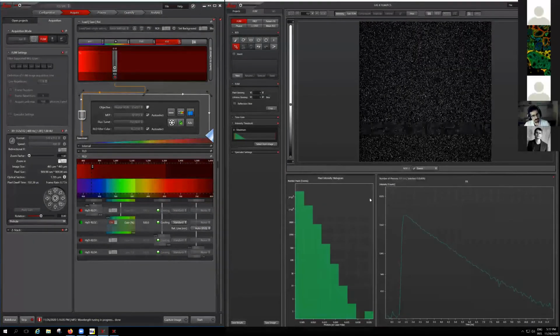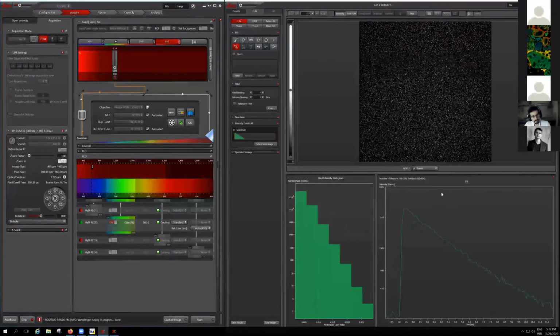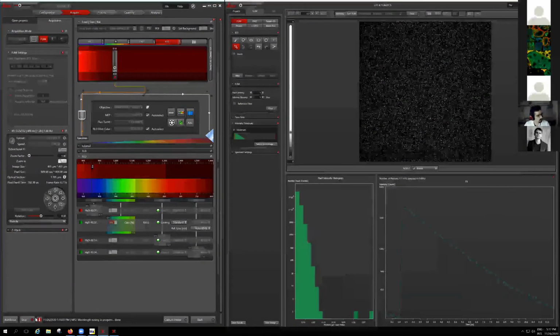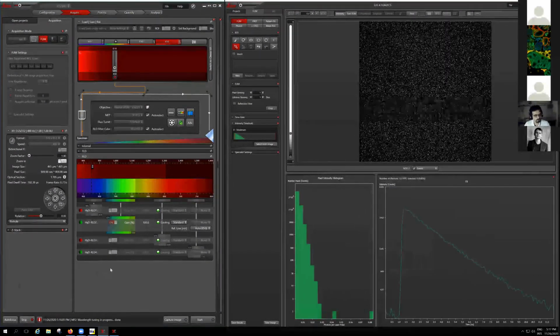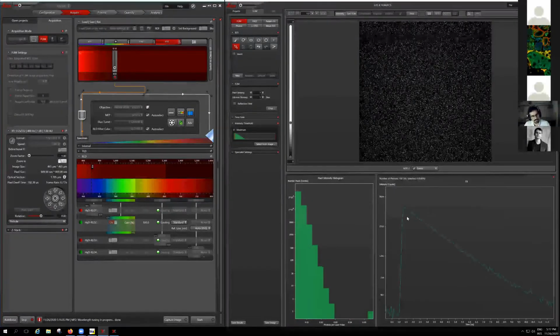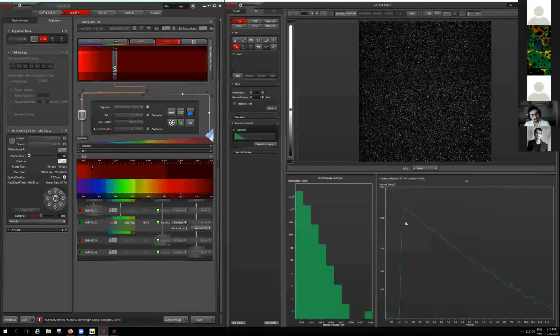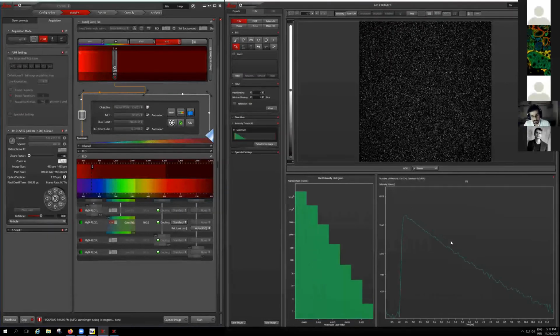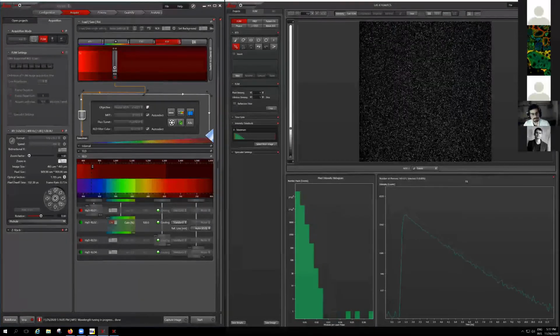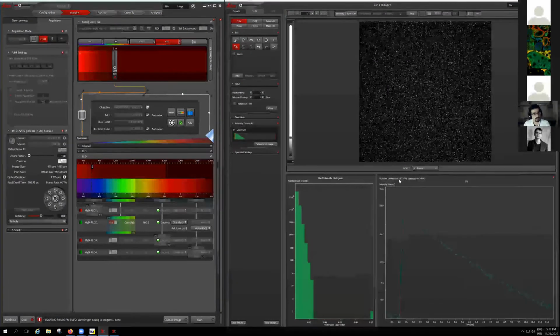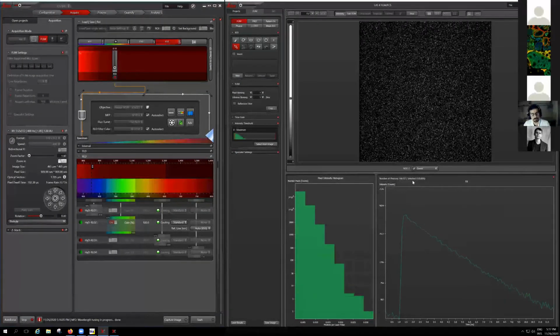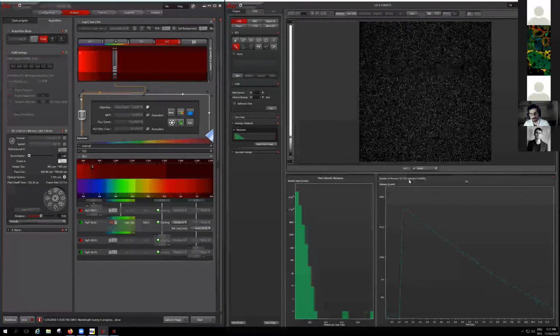Another thing we see when we are in the live mode in the acquisition software is that it's frame by frame. So the decay curve that you see here is for one frame, and here we see the number of photons that we are acquiring per frame.